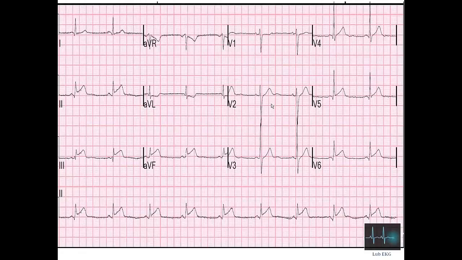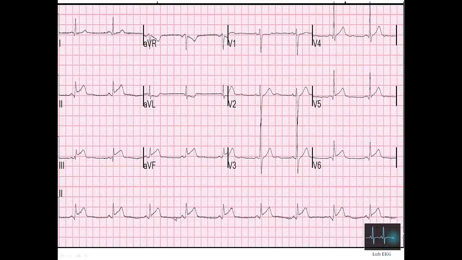Okay, so just to refresh your memory, I have an ECG strip here. You can pause the video if you want to solve it, and then we will go through it step by step. Okay, so let's start with the rate. Firstly, we have to figure out if this is a regular or an irregular rhythm.